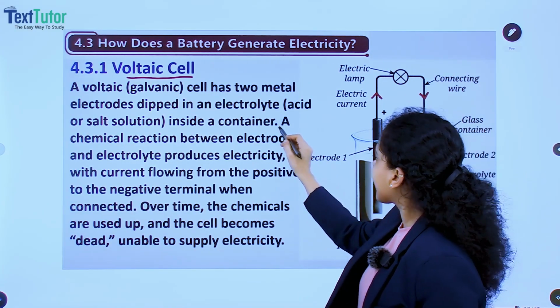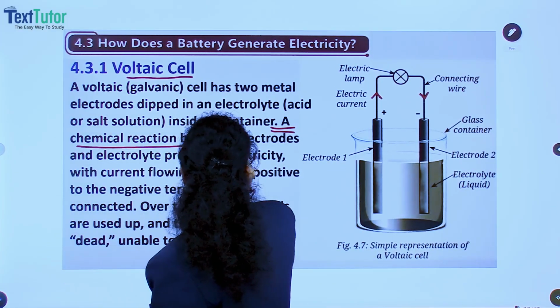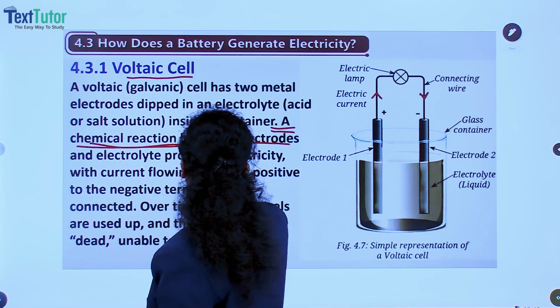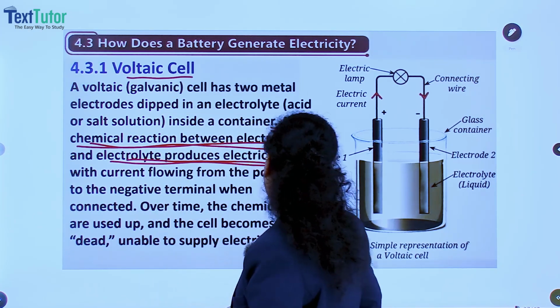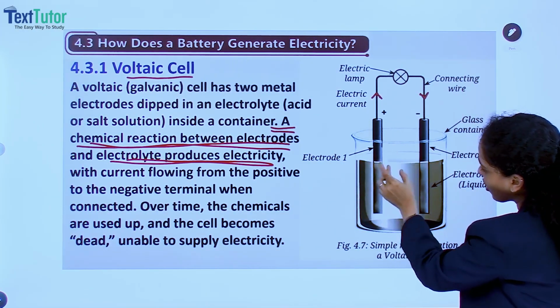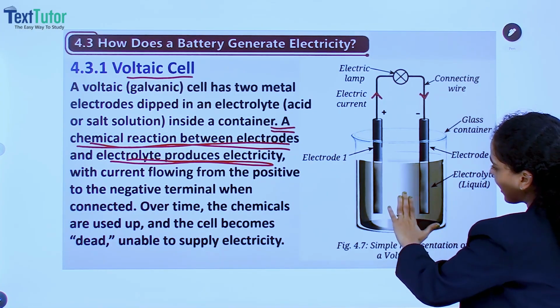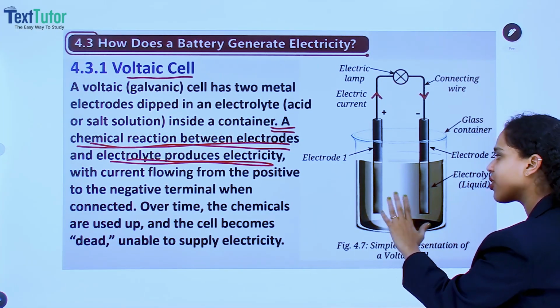That is, a chemical reaction between electrodes and electrolyte produces electricity. This is important. We said that there are two electrodes made of metals, and the electrolyte contains a salt solution or acid.